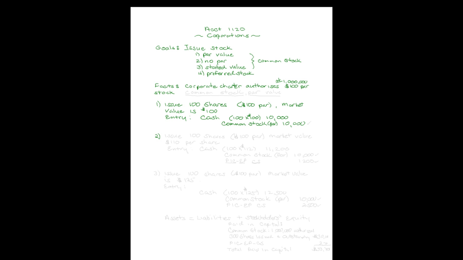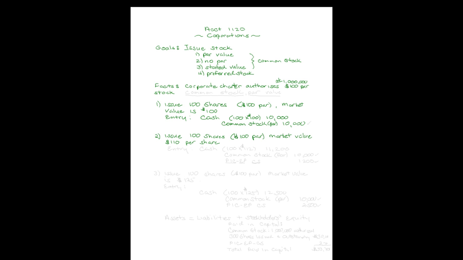Now, let's assume further. We go down the road a bit, and we issue another 100 shares of this $100 par stock. But now the market value of this, the amount the market's willing to pay, is $112 a share. Wahoo! We're going to get more money.